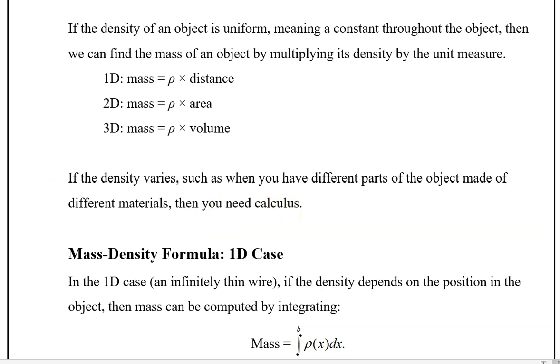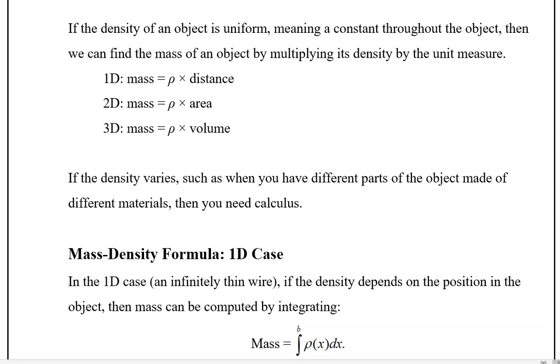For example, let's imagine that we have a thin wire, and one end of the wire is made of tungsten, and the other end is made of lead. Lead is much denser than tungsten, and so we would expect the density to vary as it changes from tungsten to some mixture of tungsten and lead, and then eventually to solid lead.